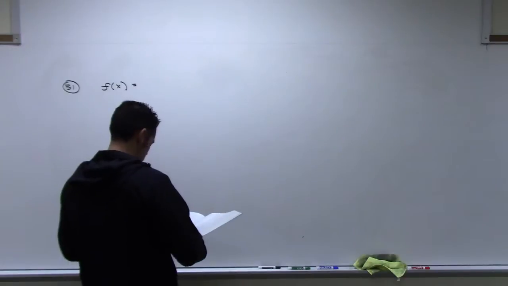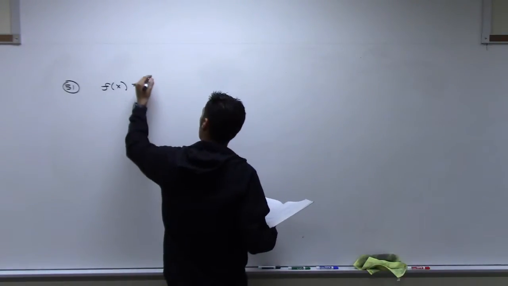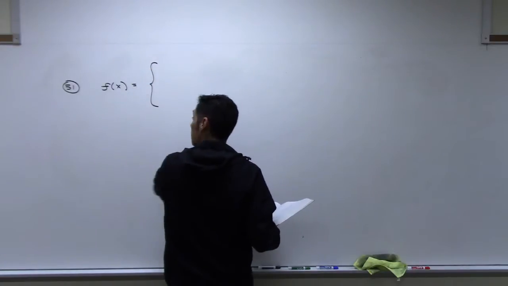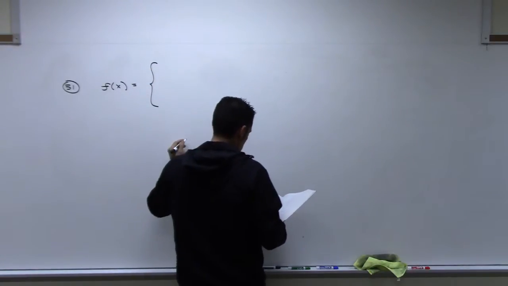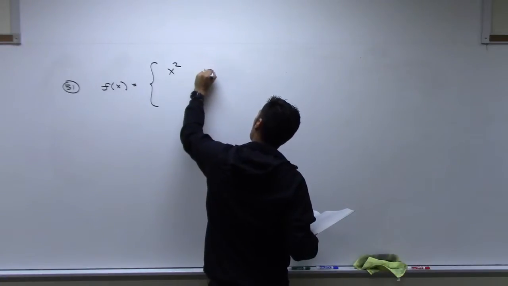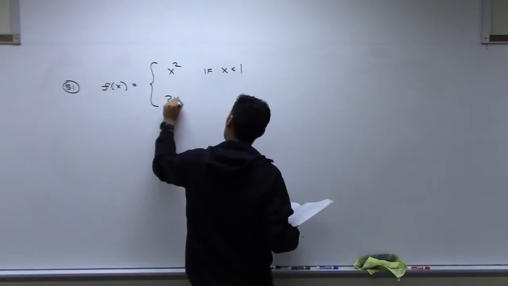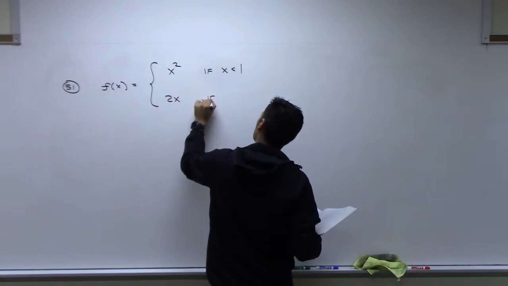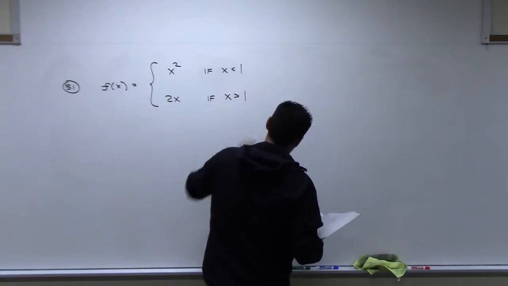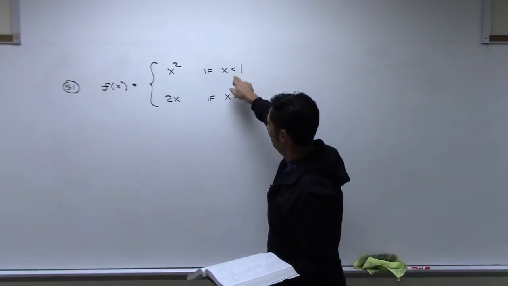Okay, number 53. X squared if x is less than 1, and 2x if x is greater than 1. Notice that neither one of these have equal, right?